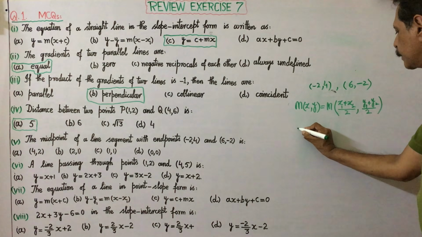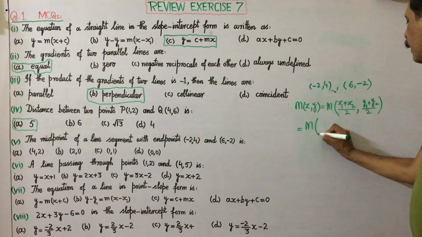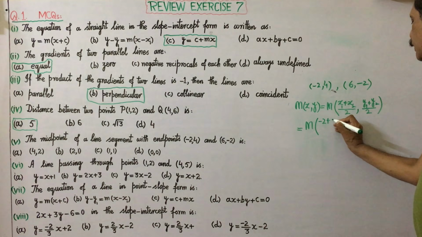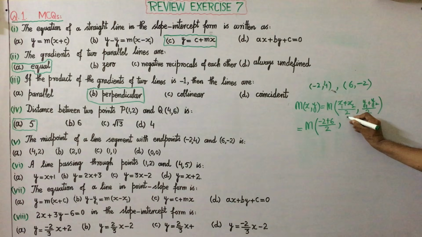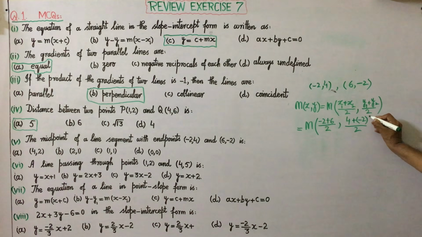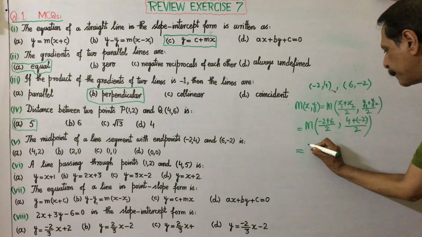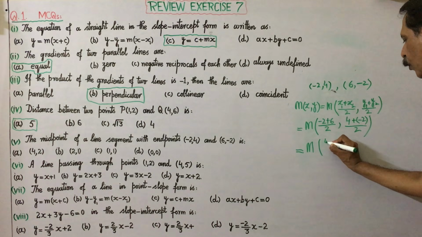Substituting the values, x1 minus 2 plus x2 6 over 2, y1 4 plus y2 minus 2 over 2. Let us simplify. Minus 2 plus 6 is 4 over 2.